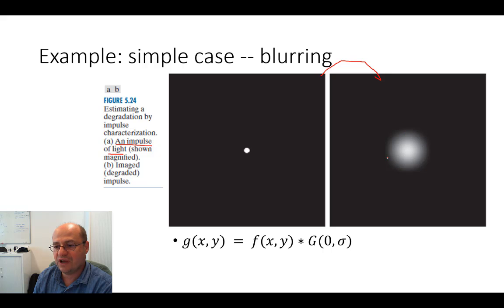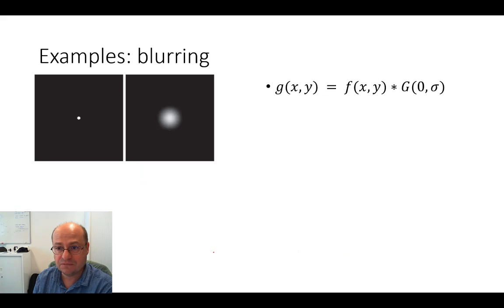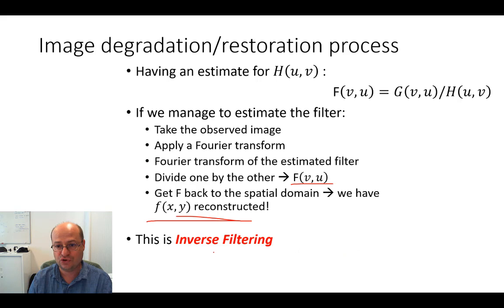So you're going to get some sort of blurred dot, or with some other degradation. So you use this blurred dot to get the parameters of a Gaussian. And you assume that this Gaussian is your degradation operator, that you're going to convolve with the original image to get the degraded image.